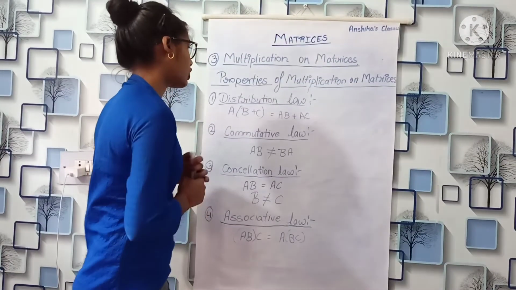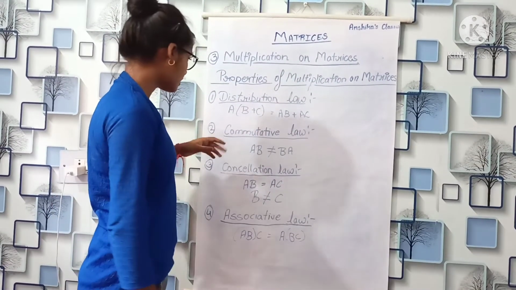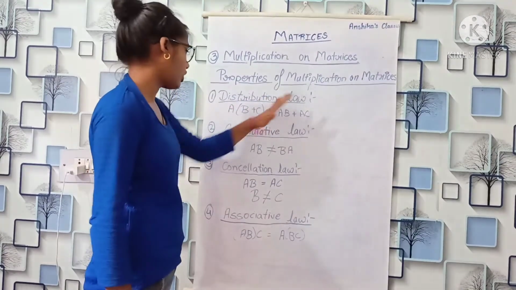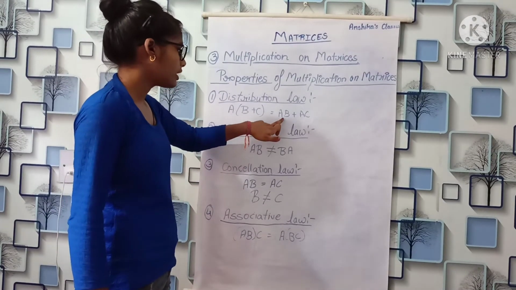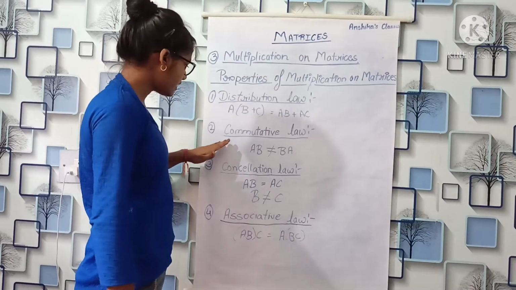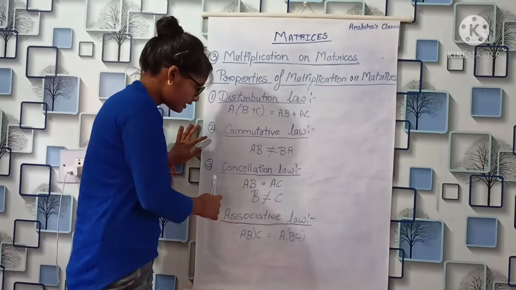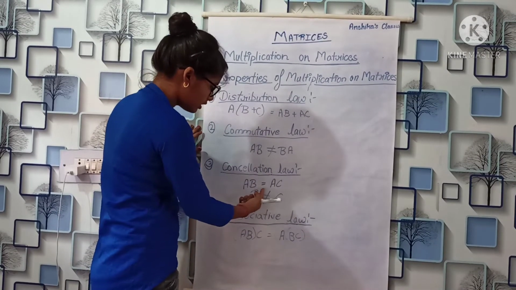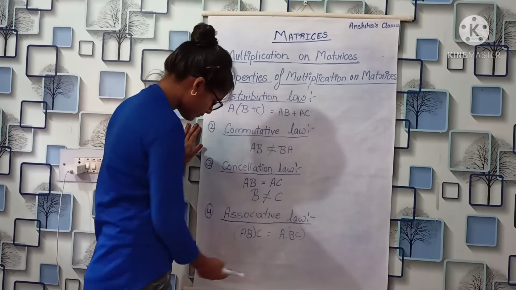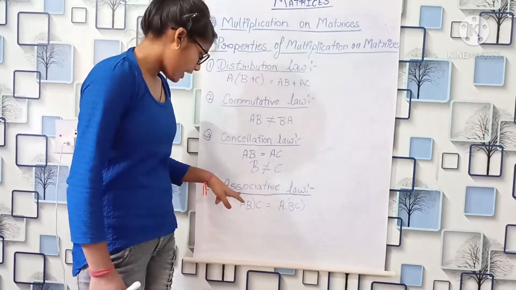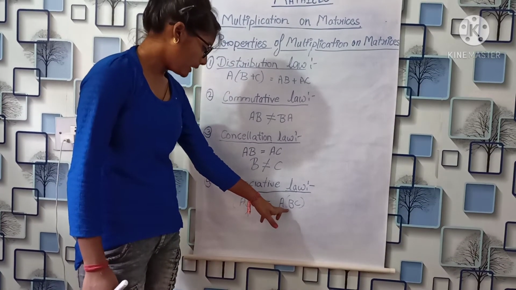So now let's talk about some properties of multiplication of matrices. The first one is the distributive law: A into B plus C is equal to AB plus AC. The second one is the commutative law: AB is not equal to BA. The third one is the cancellation law: AB equals AC but B is not necessarily equal to C. The fourth one is the associative law: AB multiplied by C is equal to A multiplied by BC.